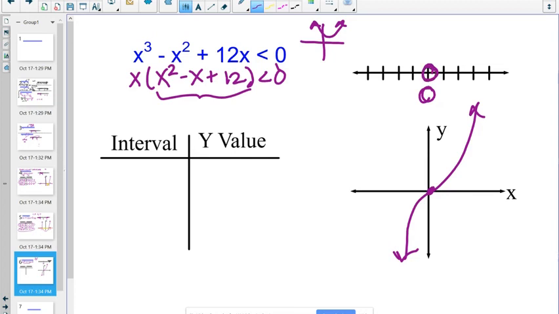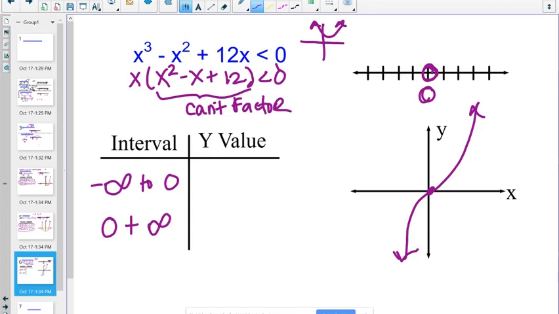Okay, so I'm going to put my open circle at 0, because this can't be factored, so there's no more real critical points. Which makes it slightly easier, because then I'm going to go from -infinity to 0 and 0 to infinity. And those are my only intervals. And if I plug in a negative number, let's pick -10, I get a negative number.